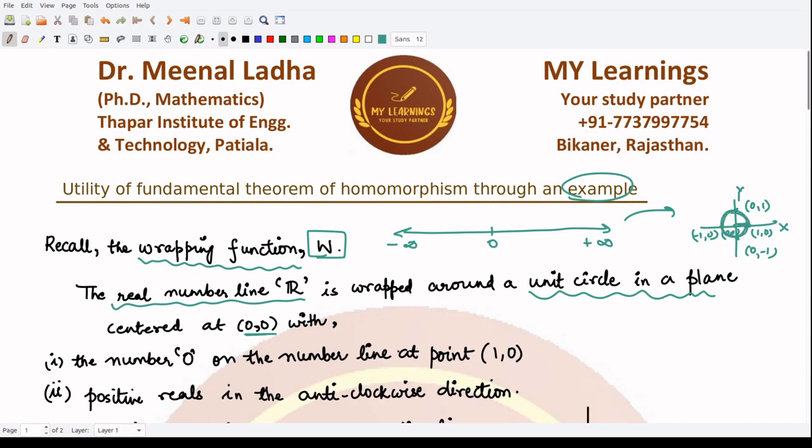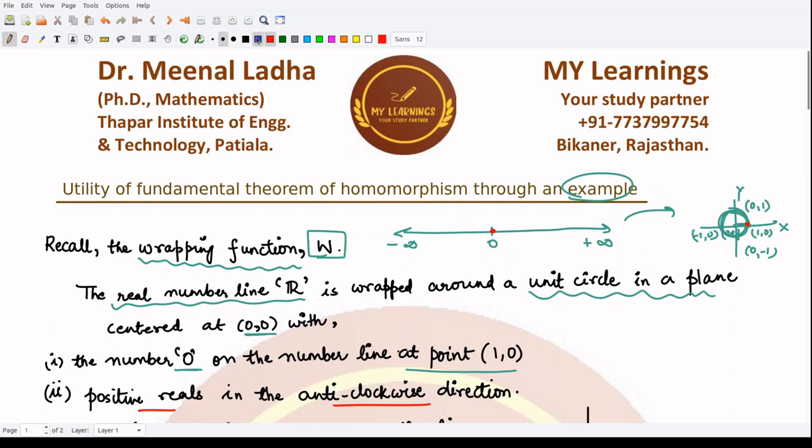So you see this line is now mapped to this unit circle. How is it being mapped? They are saying that the number 0 on the number line is mapped to the point (1, 0). So here, if you have the number 0, this is mapped to this point, right? Next, they are saying the positive reals are mapped in the anti-clockwise direction.